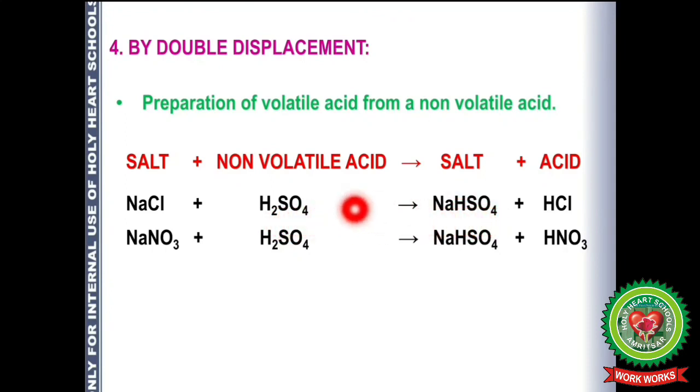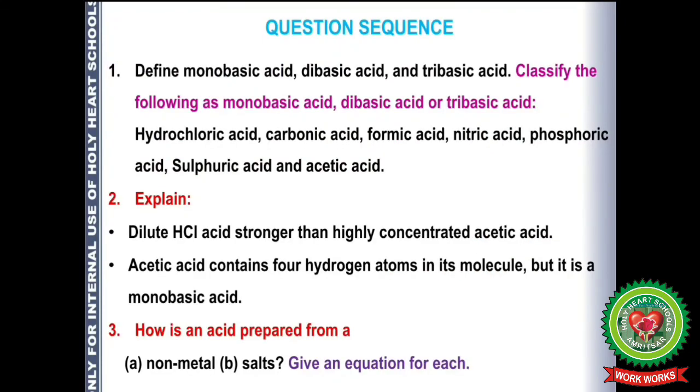So accordingly, HSO4 is formed. Depending on the concentration, we can also get Na2SO4. When NaNO3 and H2SO4 react with each other, they form nitric acid and sodium hydrogen sulfate. With the help of today's topic, you can solve the questions which are flashing on your screen.